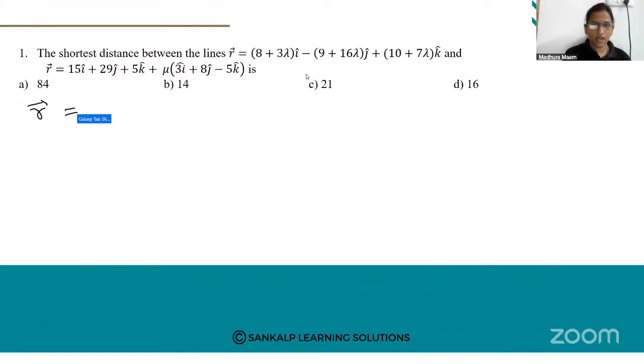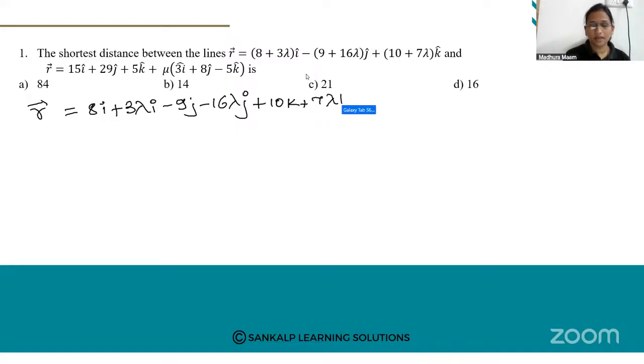So if I start solving this, this is 8I plus 3 lambda I, minus 9J minus 16 lambda J, plus 10K plus 7 lambda K. If you take lambda common, you can rewrite this as 8I minus 9J plus 10K plus lambda into 3I, 16J, 7K.